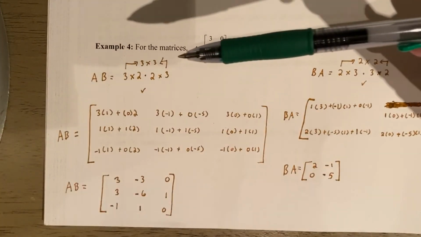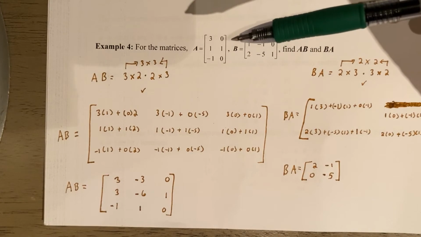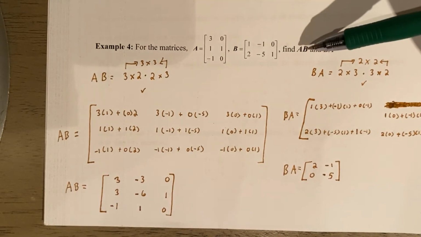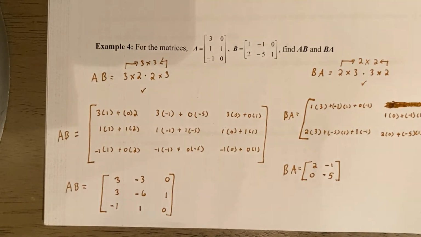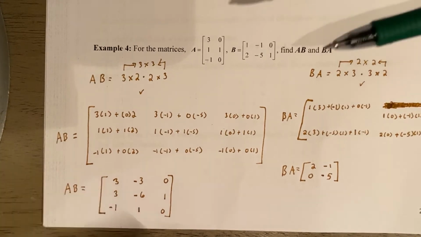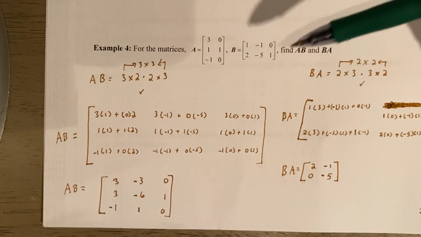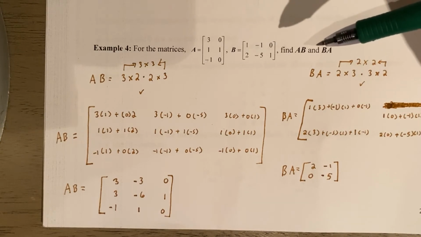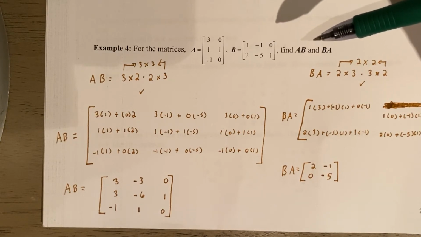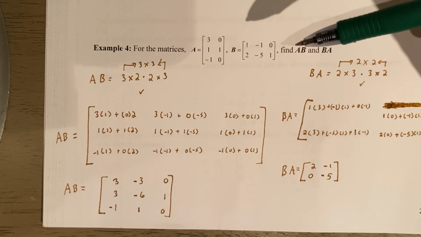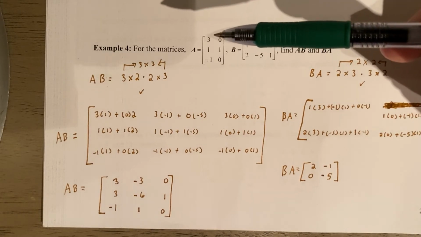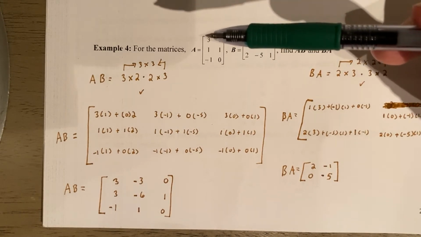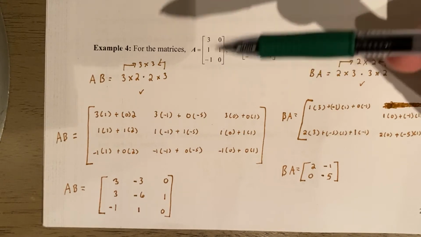Alright, so now, for example 4, we want to do 2 parts. We want to find AB and we want to find BA. And here you're going to see that matrix multiplication is not commutative. The order does matter. Here we have matrix A, which is defined by 3 rows and 2 columns.